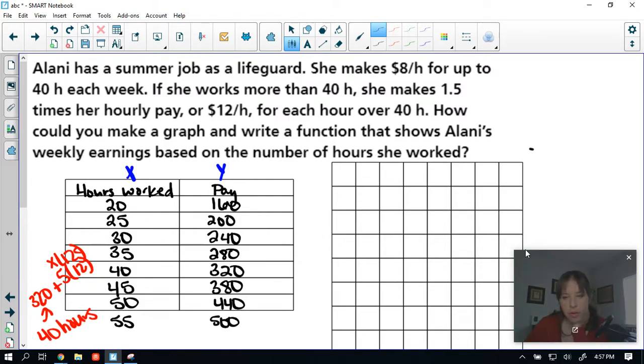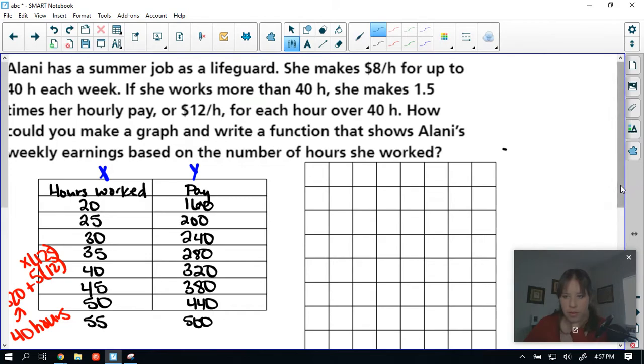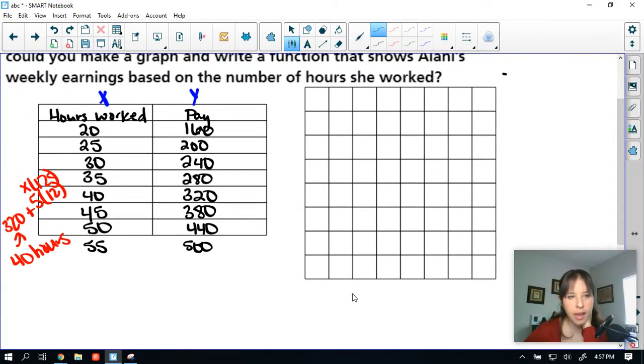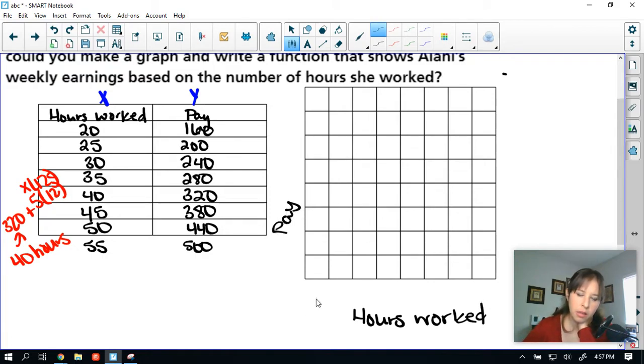Okay, looking at my graph, I'm actually going to move this over here. Looking at my graph, my x-axis is going to be hours worked, and my y is going to be her pay, her money. I think this one, I'm going to go by tens.